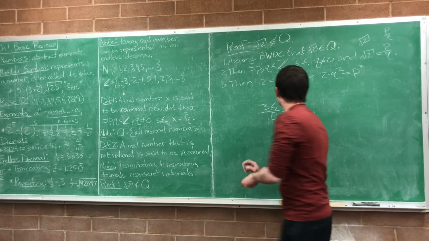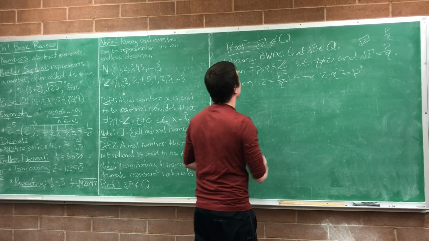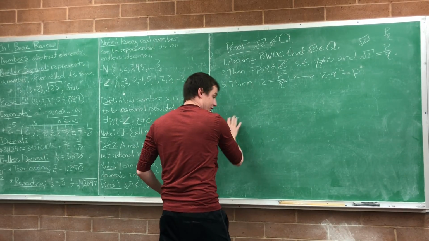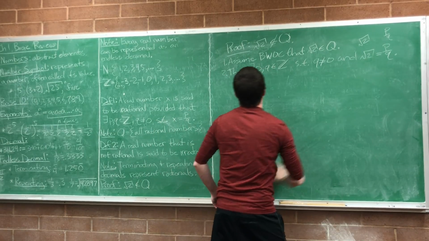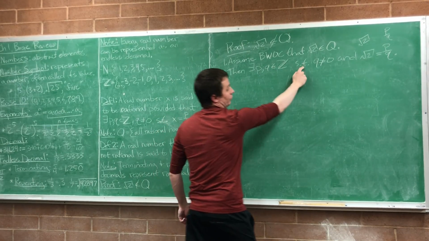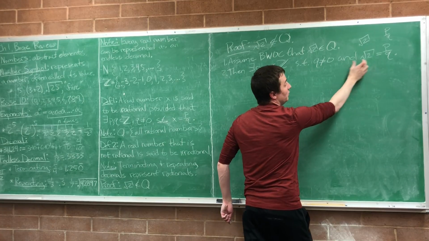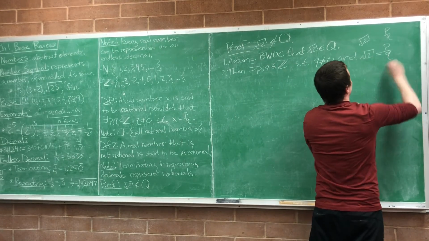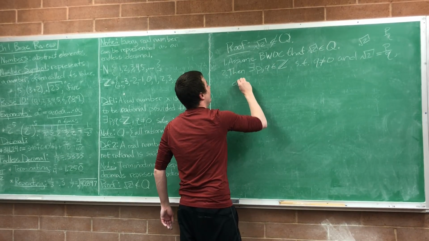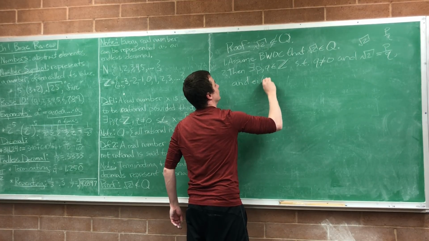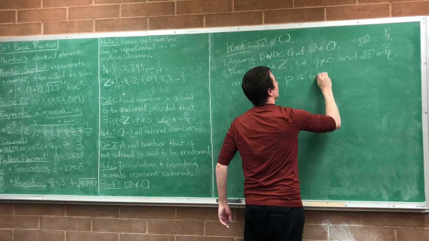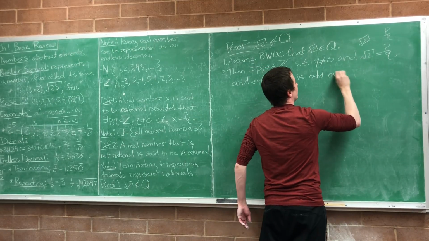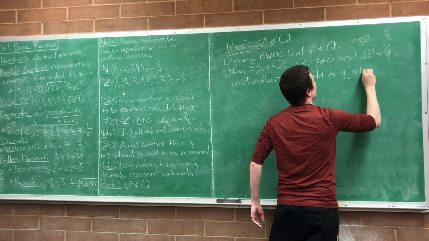Yeah. So, I'm going to expand upon this line, make it a bit longer. So then there's just p and q integers such that q is not equal to 0. The square root of 2 is equal to p over q, and either p is odd or q is odd. One of them has to be odd, right?